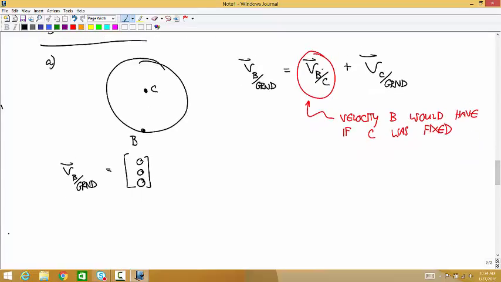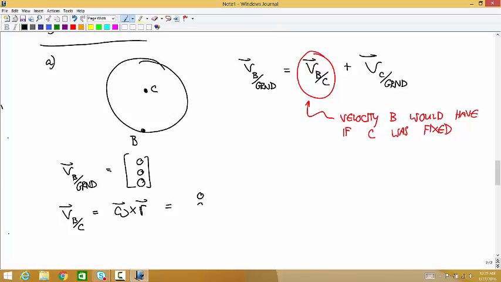Do we know anything about this other one, the velocity of B relative to C? Omega times radius. Yep, that's exactly right. So that's the circular motion. So the velocity of B relative to C is equal to omega cross R.